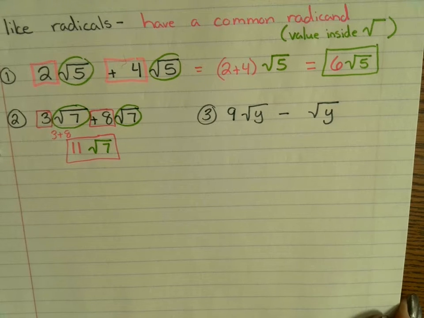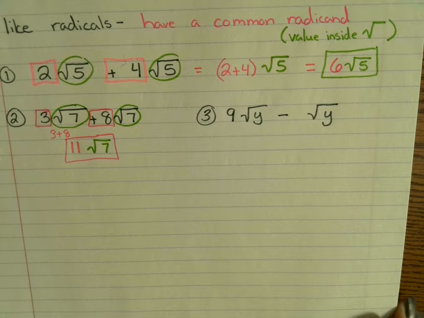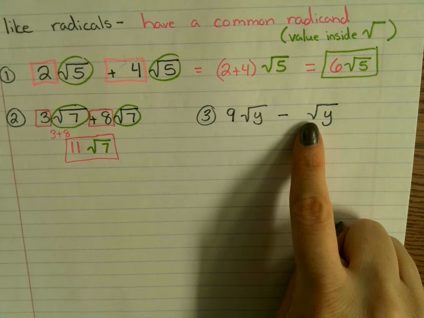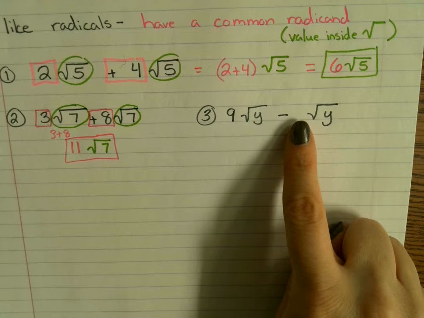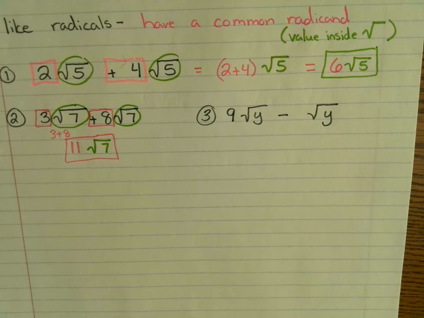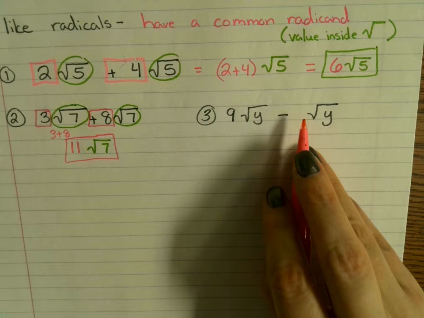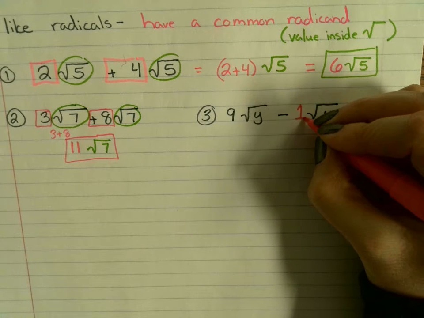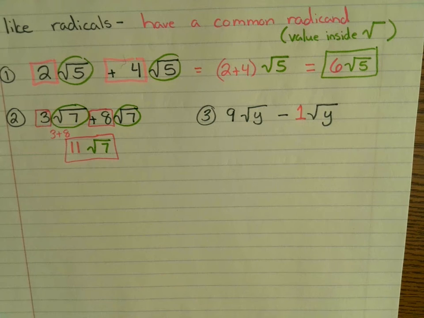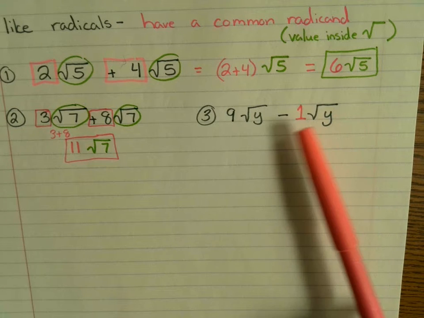When we don't have a coefficient written, what do we know exists, guys? A 1. When we don't have a coefficient written there, I know that automatically there's that invisible 1 right in front of it. So they have an identical radical.